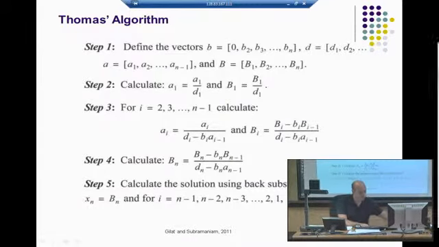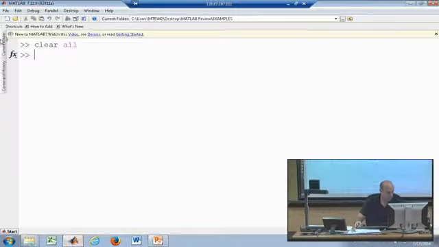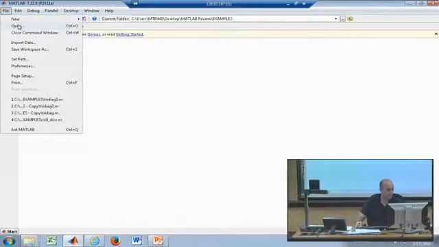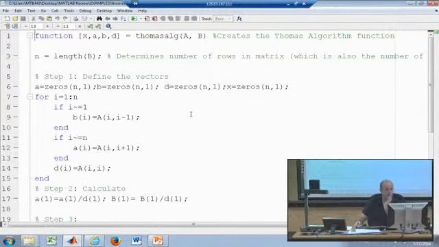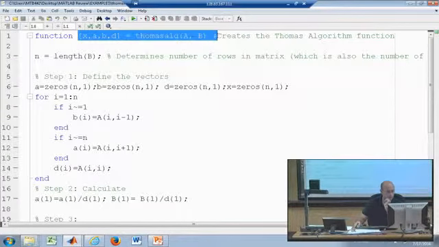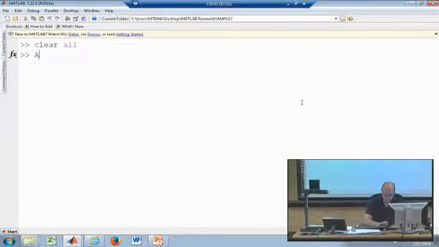So let me go and pull it up. Here's the same code that I showed you a minute ago. I'm going to copy and paste, and let's do the same problem I did a moment ago by hand.